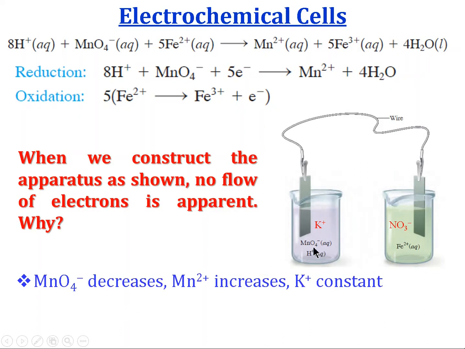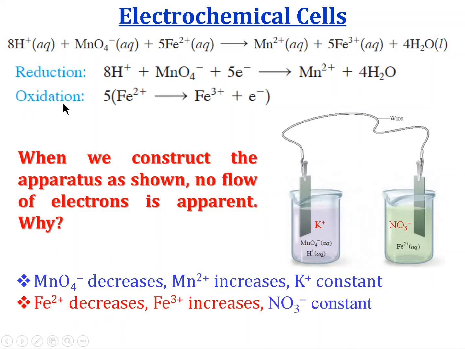In the beaker containing MnO4 minus, we have reduction. So MnO4 minus will decrease and Mn2 plus will increase in the solution, and the counter ion of MnO4 minus, which is K plus, remains constant. In the second beaker, we have oxidation.